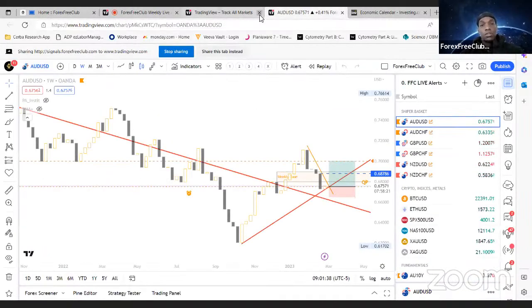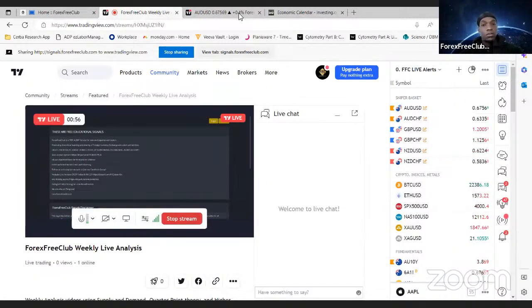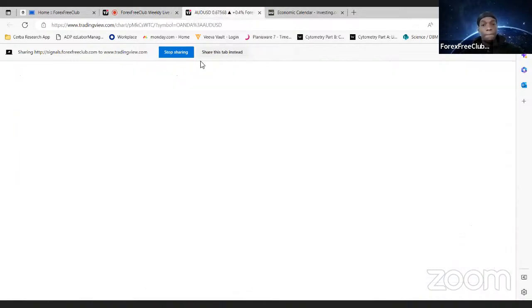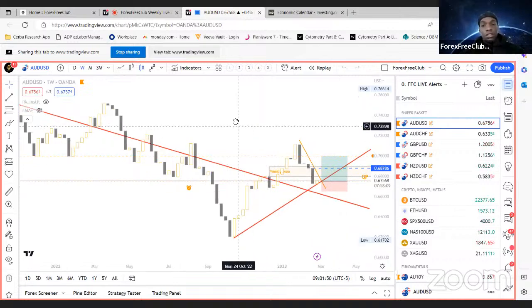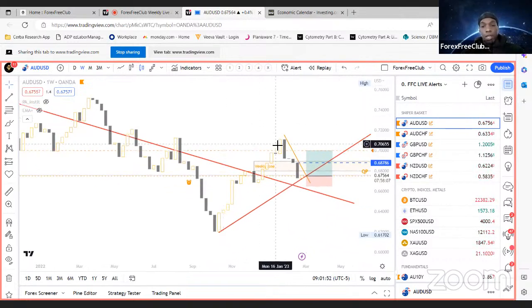So let me pull up some of these tabs. All right, so just want to let you guys know that every week that we come to the market, we're using dollar cost averaging on the higher time frames.